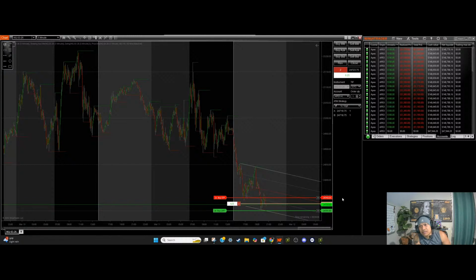That's pretty decent. 25 points, that's $1,000. That'll bring us back to close to break even. That'll be a good day. NQ just needs to do it. Come on, NQ. Melt away. Give me those big moves.